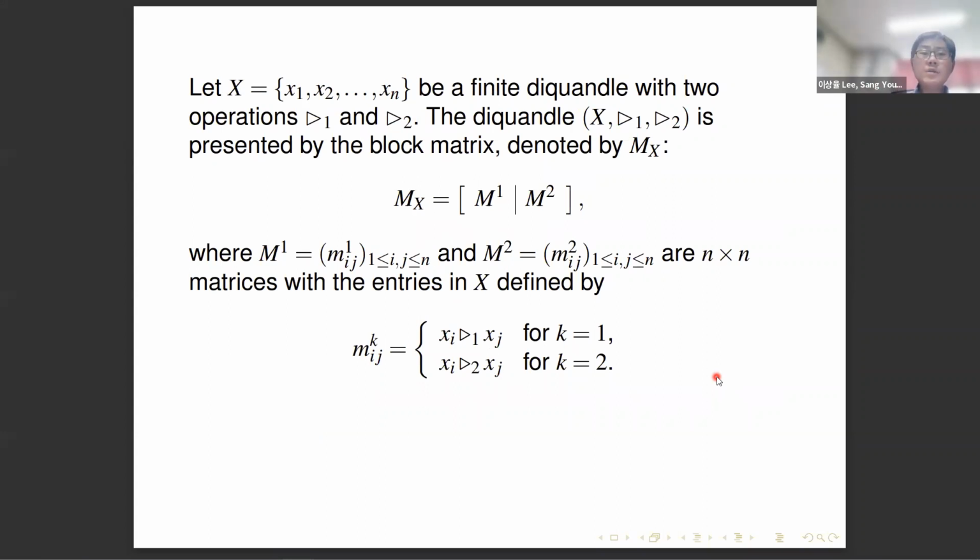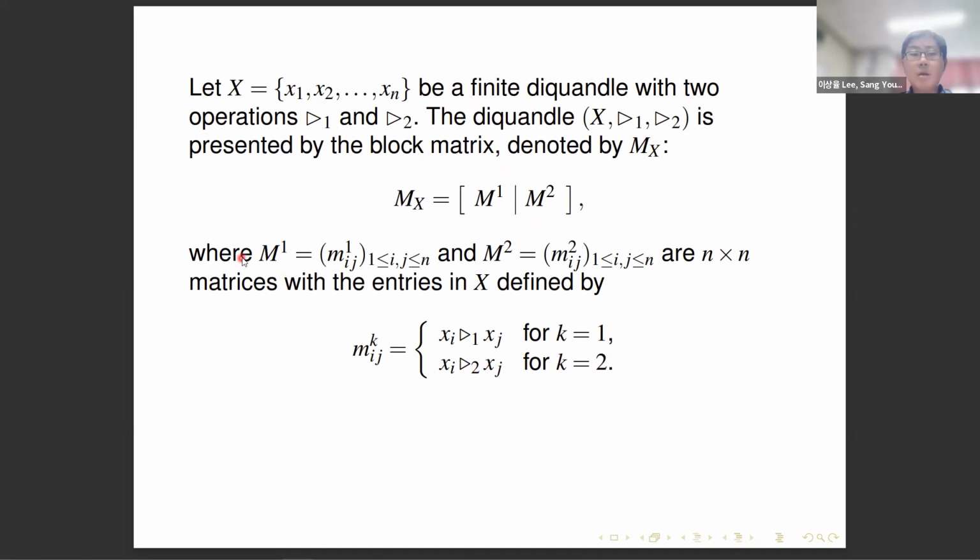As in quandles and biquandles, any finite diquandle can be represented by matrix notations. So actually, let X = {x1, x2, ..., xn} be a finite diquandle with two operations, δ1, δ2. Then this diquandle is presented by these block matrices.